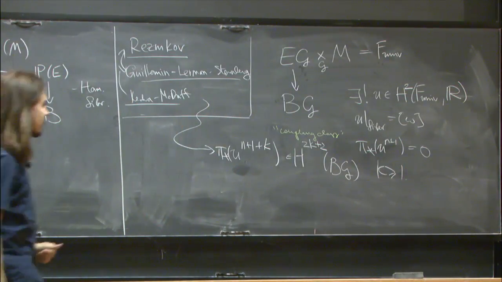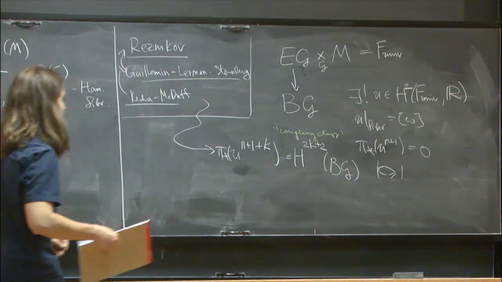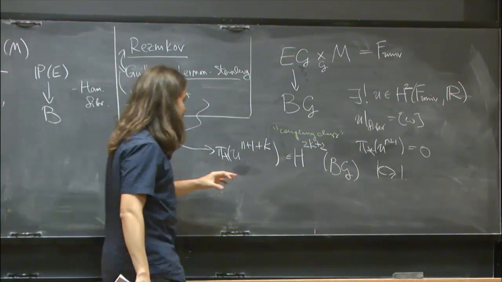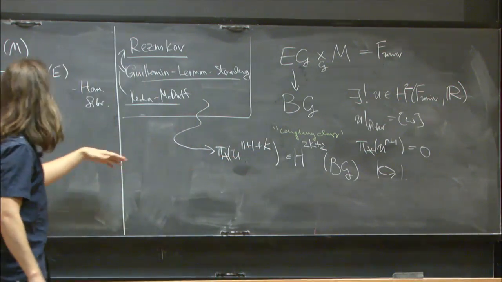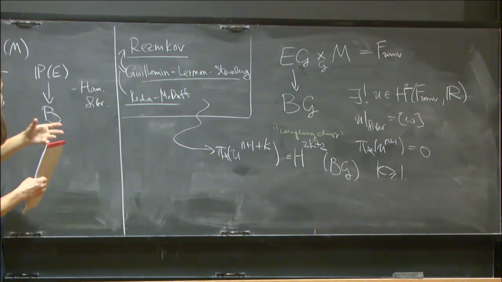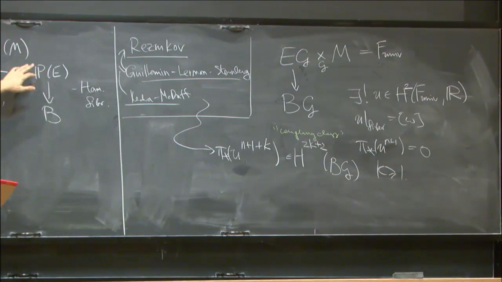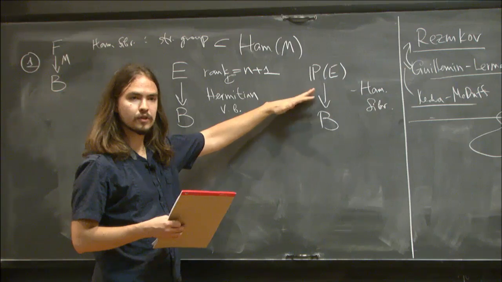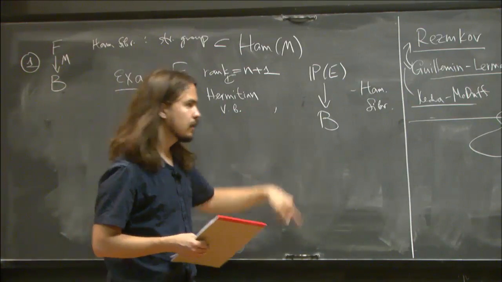Okay, and then it turns out that these classes, when applied in this case, allow us to recover, roughly, the Chern classes of the vector bundle.